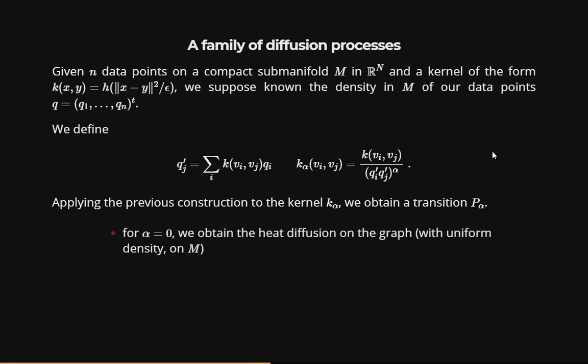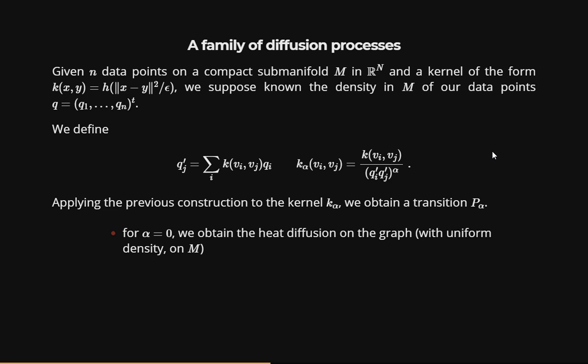For alpha equals 0, we obtain the heat diffusion on the graph. The parenthetical means if the density is uniform, we also obtain the heat diffusion on M as a manifold, because of the approximation of the Laplace-Beltrami operator from discrete points.